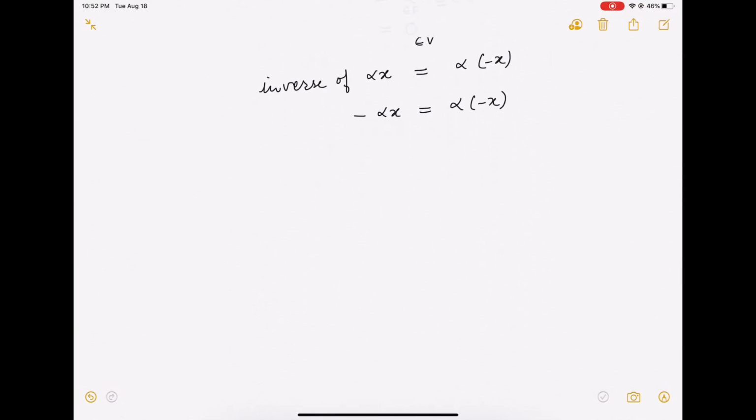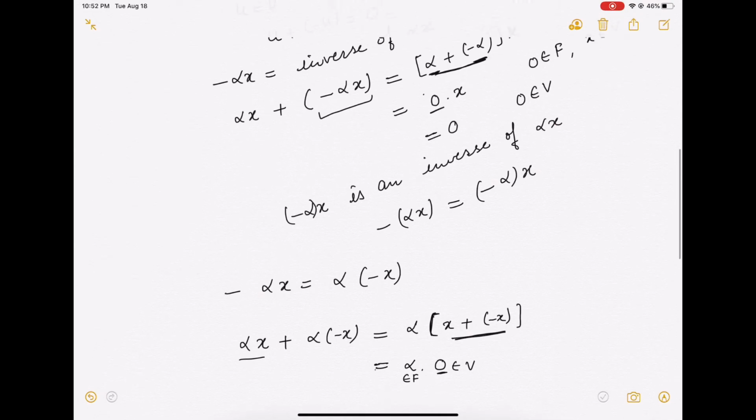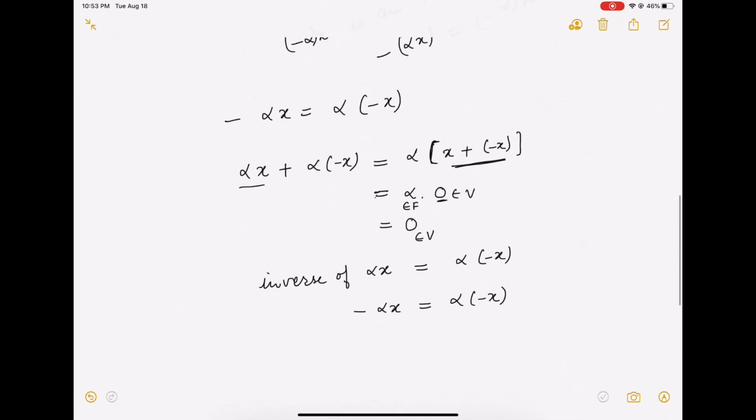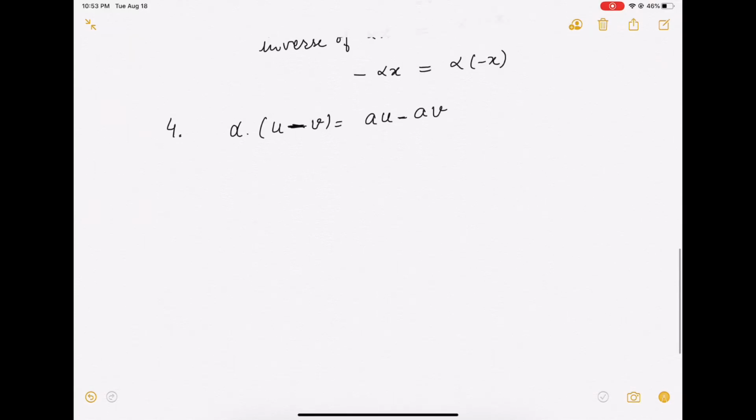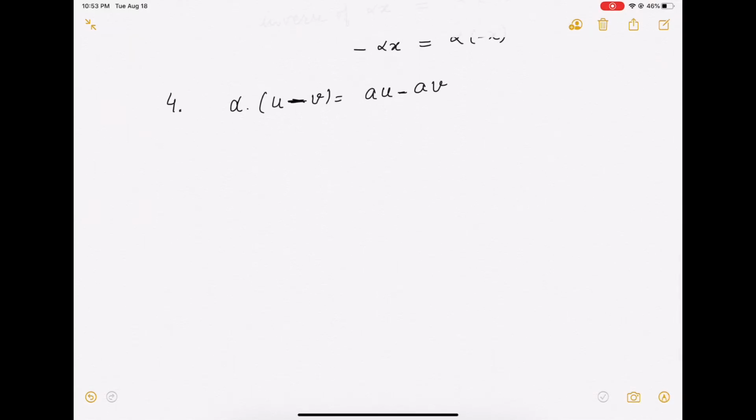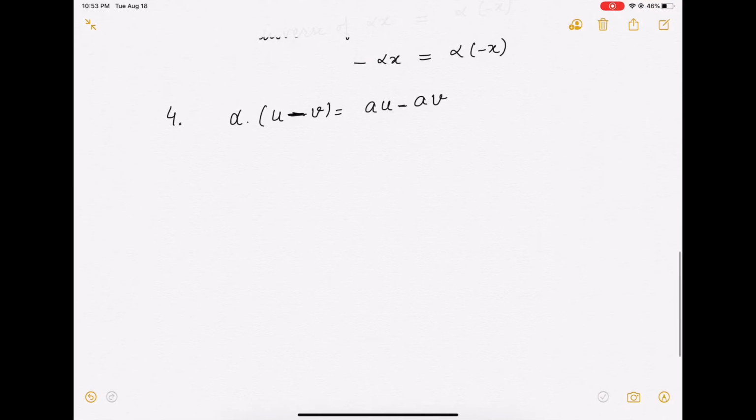Next, fourth property, alpha operated on u minus v gives you alpha u minus alpha v. It is again very simple because we make use of distribution law here.